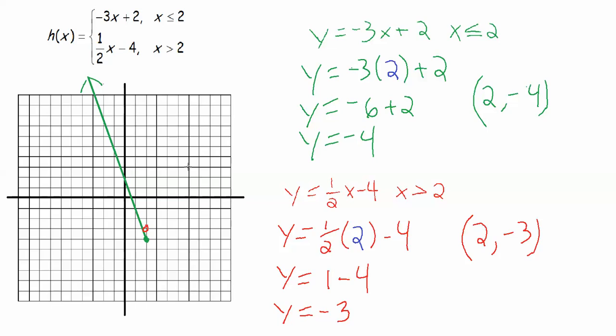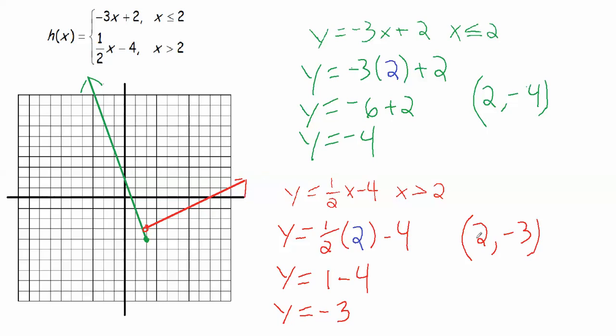And then we'll use our line tool to graph the rest of that line. So because x is greater than 2, we want everything to the right of the 2. So we're going to go from this point up 1 over 2, up 1 over 2, and I'll just continue it on this way, and that will be our line.